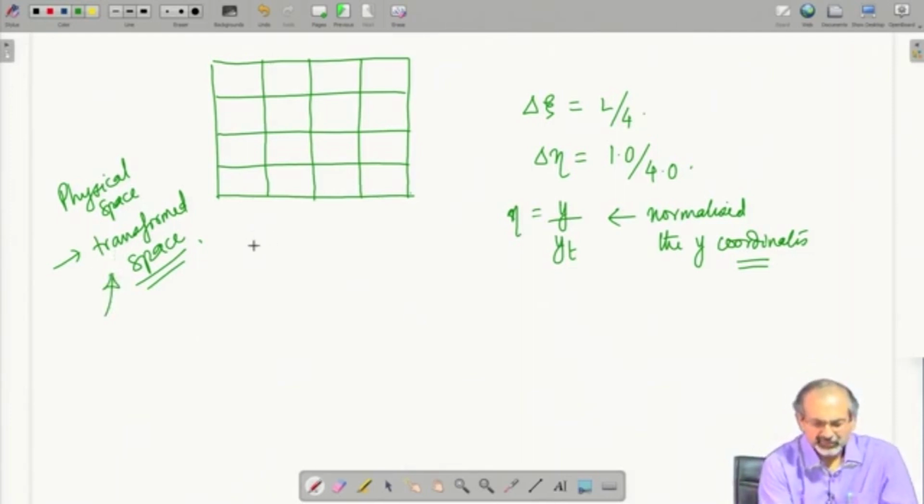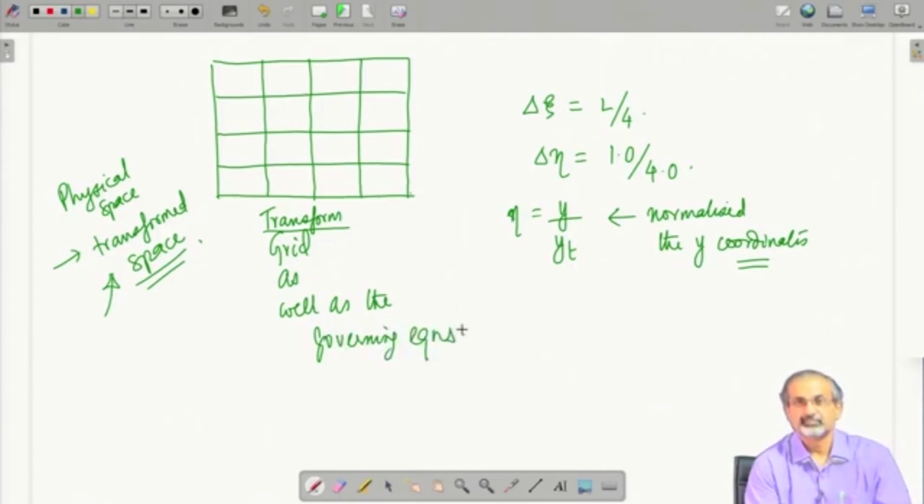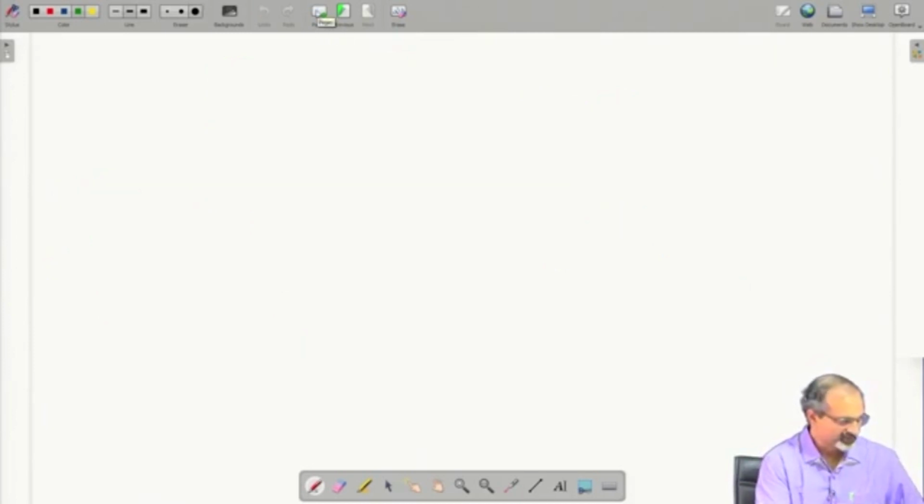Again, remember that when we transform, we do not only transform the grid, we transform the grid as well as the governing equations. So, transformation has to be done in coordination. So, this is one of the important concepts which we will revisit shortly.